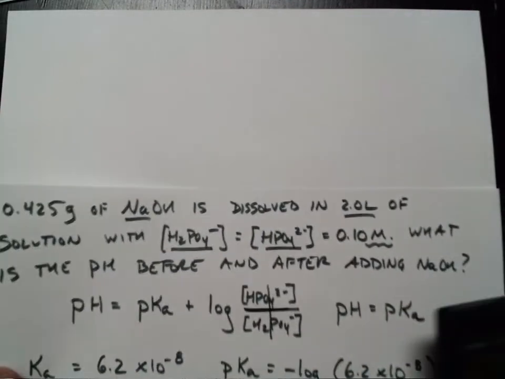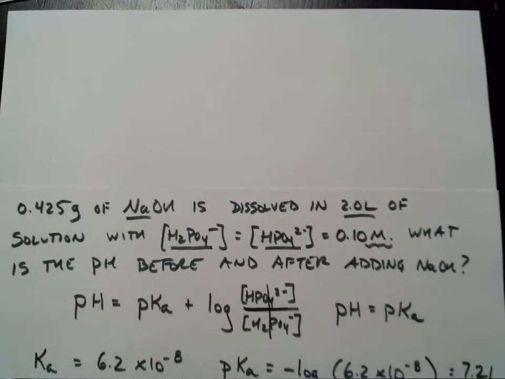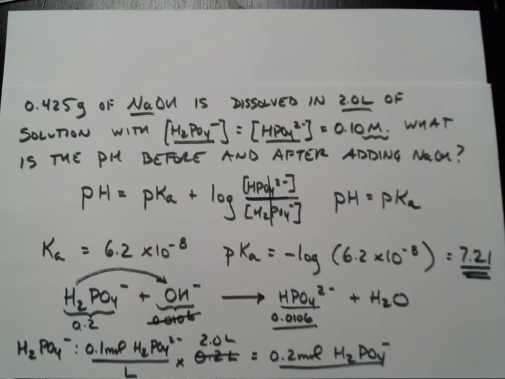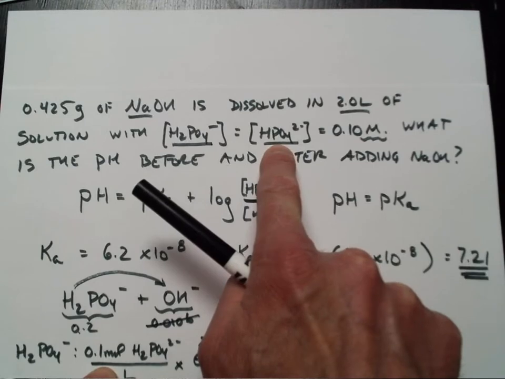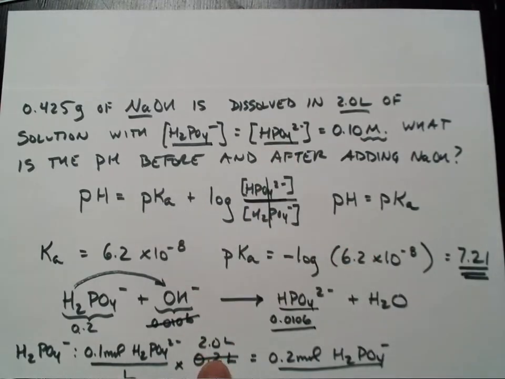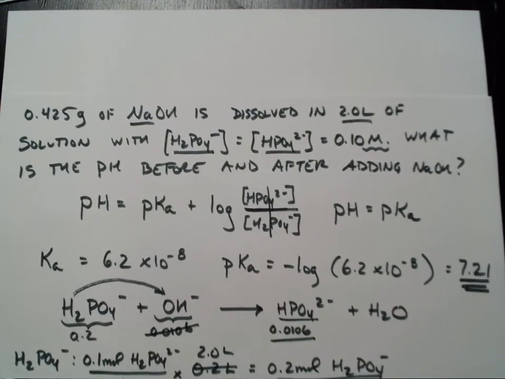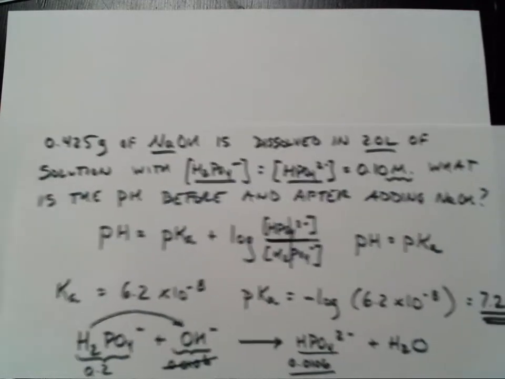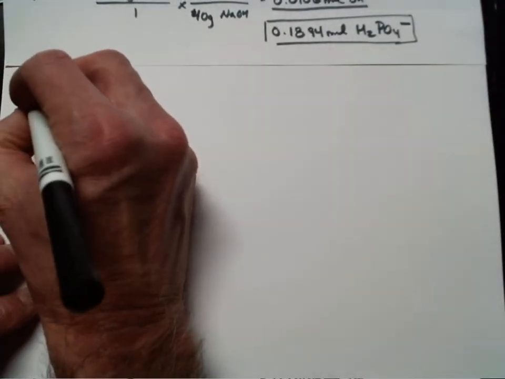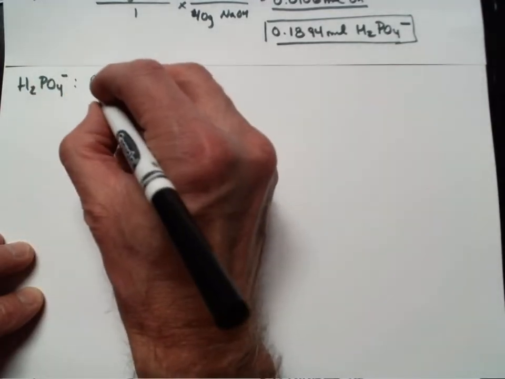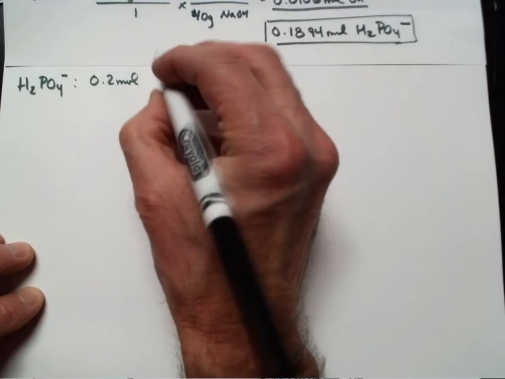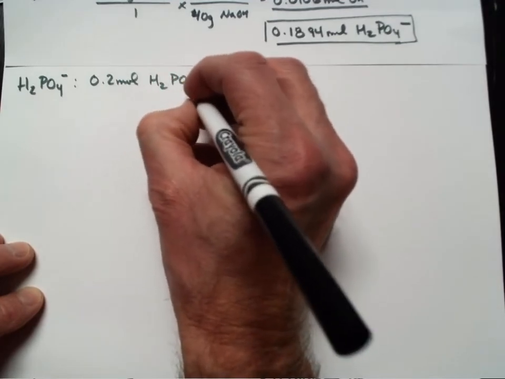Well, let's figure that out. It's going to be the same calculation that we just did here, right? We've got 0.1 moles of hydrogen phosphate per liter, and we've got 2 liters of it. So it'll be 0.2 moles of the stuff that we start with. All right, this is getting a little crowded here, so let me just try to recap. We started with 0.2 moles of dihydrogen phosphate.